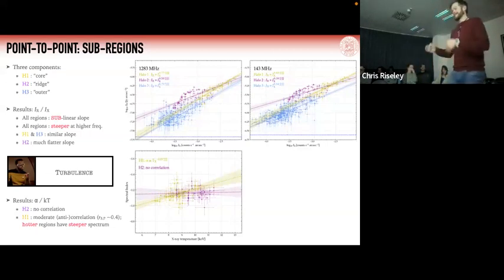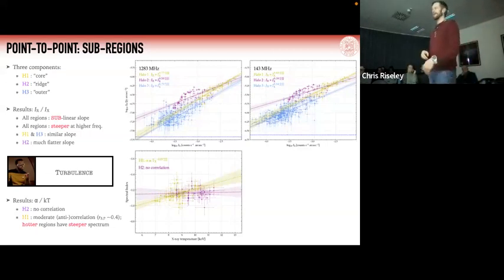There are a lot of assumptions built into that, and this was first reported some time ago and taken as a key piece of evidence for confirming turbulent acceleration, but new studies have cast some doubt on this, and this is very much a question where the jury is out.